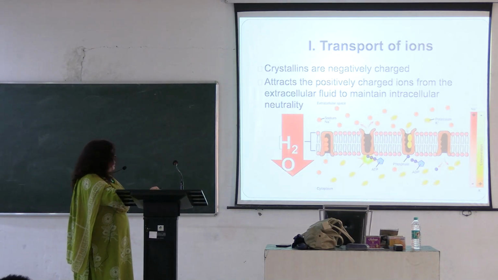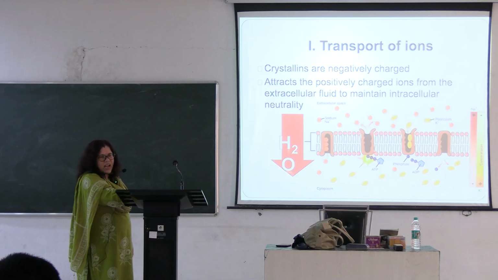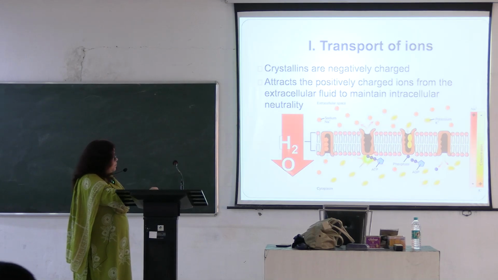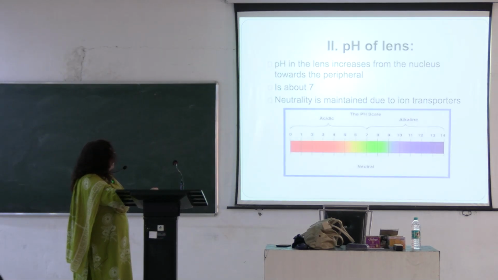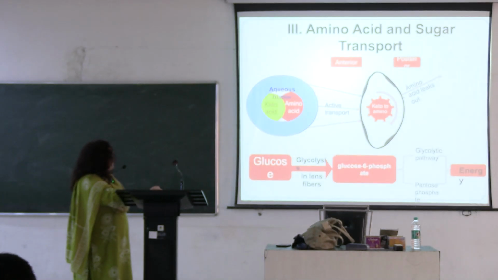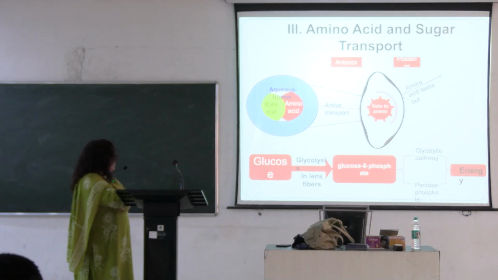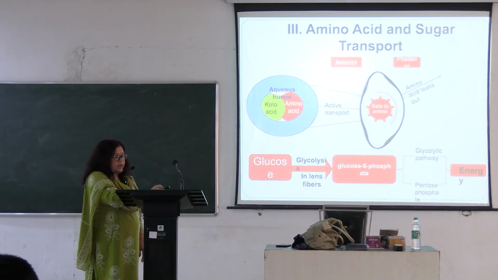So, there is no need to describe this, you have already known it in your physiology and anatomy. And pH of the lens is 7. Amino acid and sugar are metabolized by the glycolytic pathway and hexose monophosphate shunt, glucose 6 phosphate and pentose phosphate, and it provides the energy.